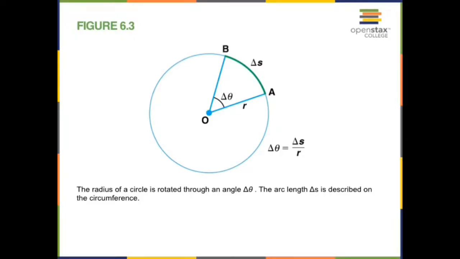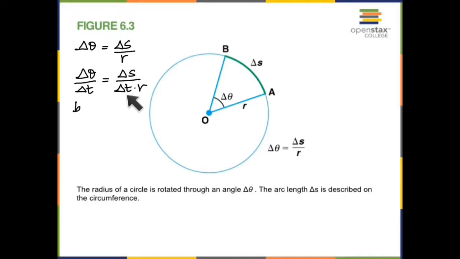Now to find the relation between angular velocity and linear velocity, we will start with the definition of angle. Angle theta is defined as length of the arc divided by the radius. That is the definition for angle. Now on both sides, I'm going to divide by delta t, which I've done here.